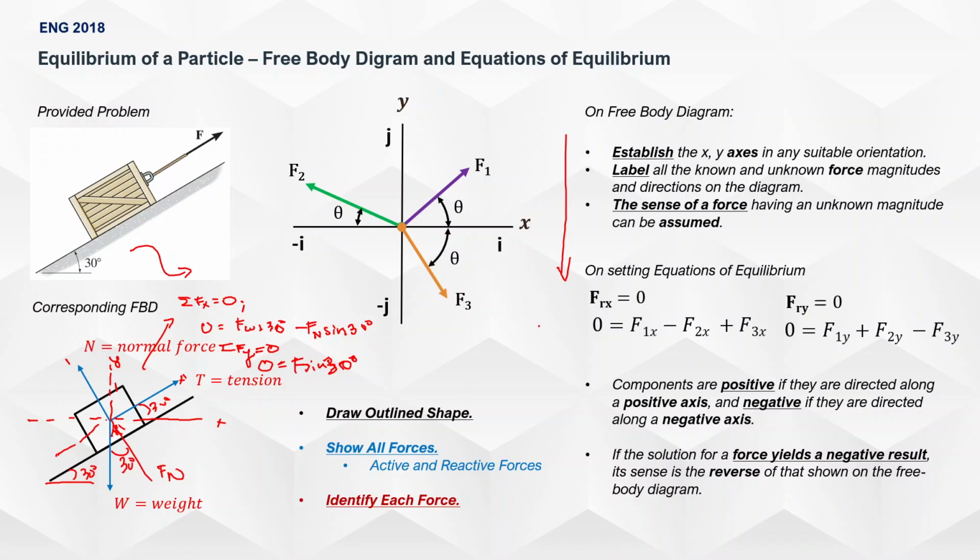And so F sine 30 minus Fn cosine 30 minus W. There we go. So that will be your equation 1 and equation 2.